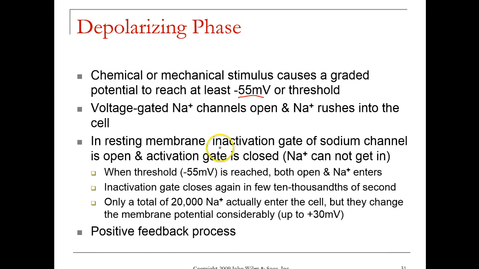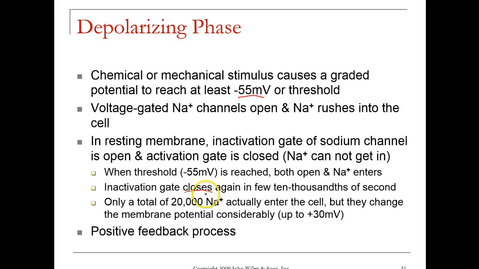The inactivation gate in the resting membrane is open, and the activation gate is closed. When we hit the threshold, both of those gates will be open and sodium will rush in. It's only open for a short period of time, and then the inactivation gate will close just a few milliseconds later.